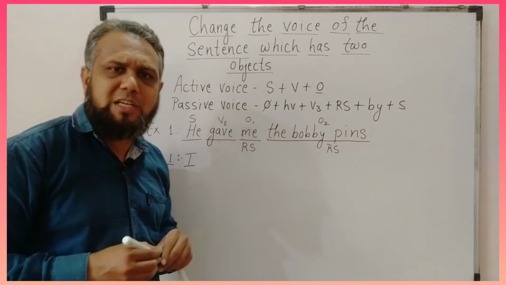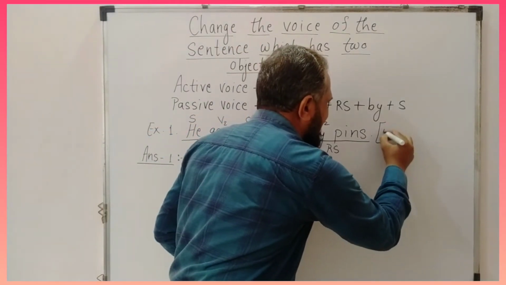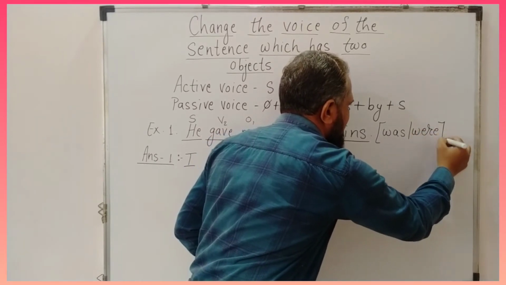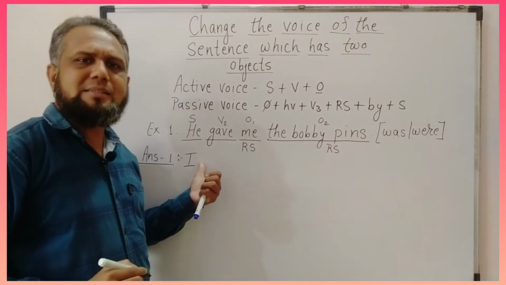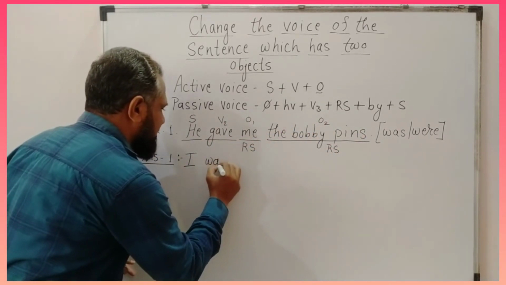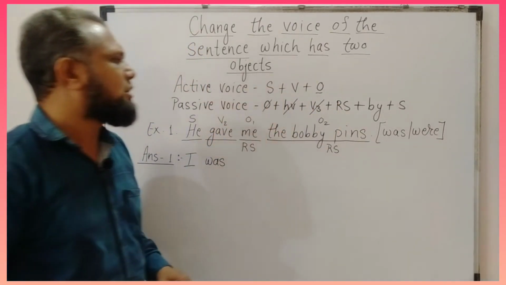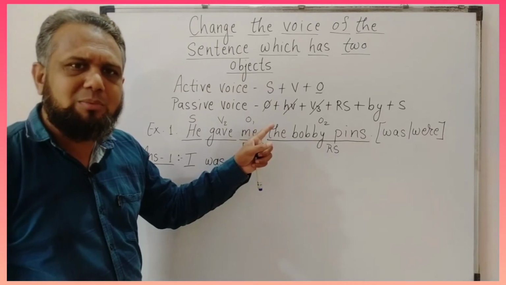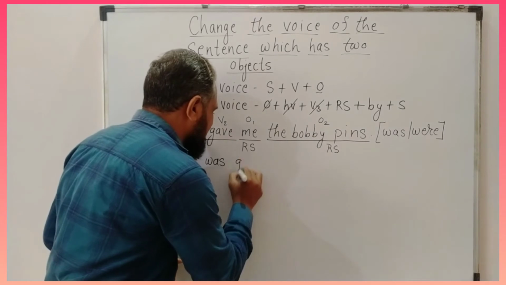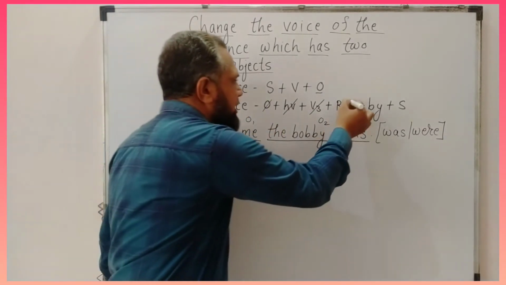Subject plus V2 plus object means simple past tense, and the helping verbs of simple past tense are was or were. Now I is a singular person, therefore we will use was. I was. Thereafter the third form of verb. The verb is gave and the third form will be given. I was given.